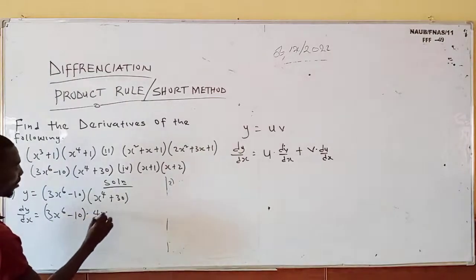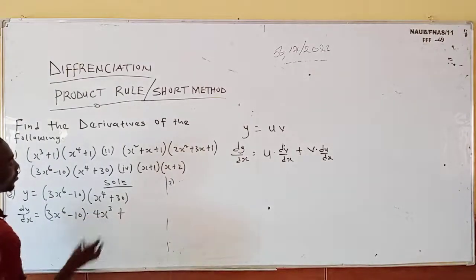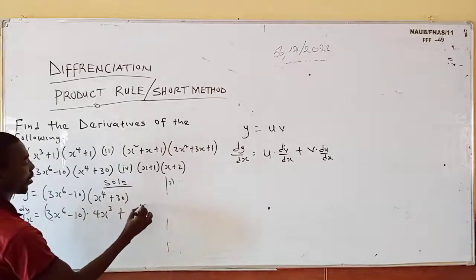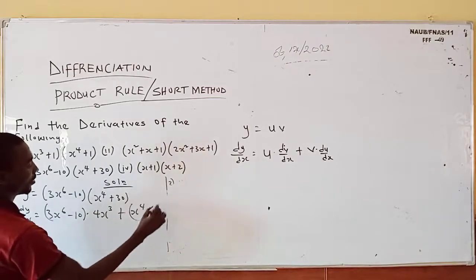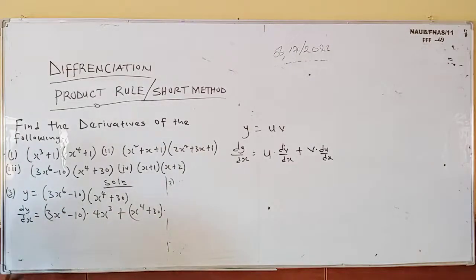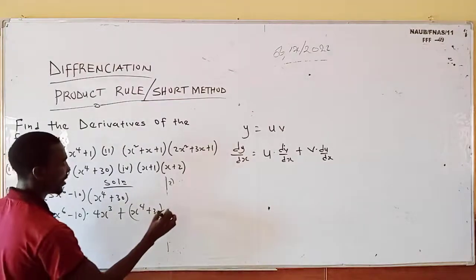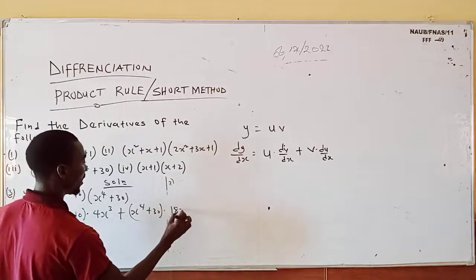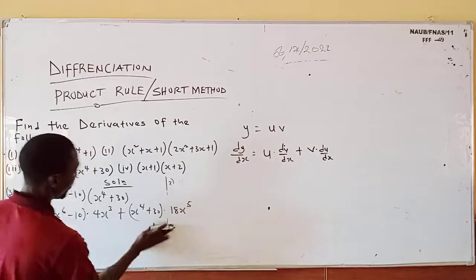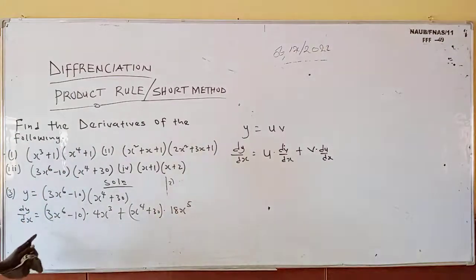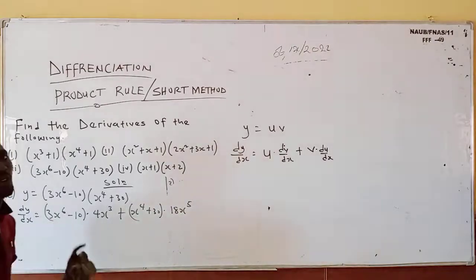We are going to have 4s to the power of 3 plus, pick this now, s to the power of 4 plus 30. Then use it to multiply the differentiation of this. If we differentiate this, 6 times 3. 6 times 3 is what? 18. That is 18s to the power of what? 5. So if we multiply this, collect our like terms, you get your answer.